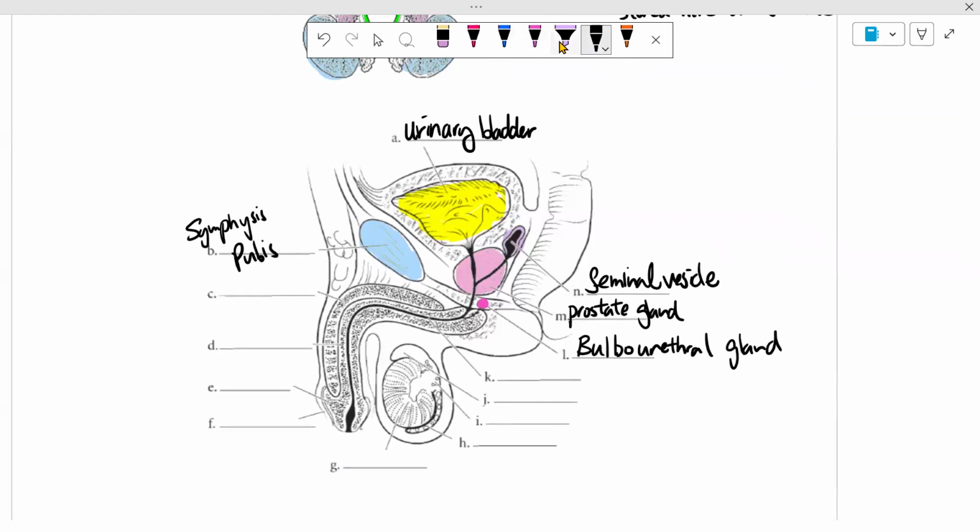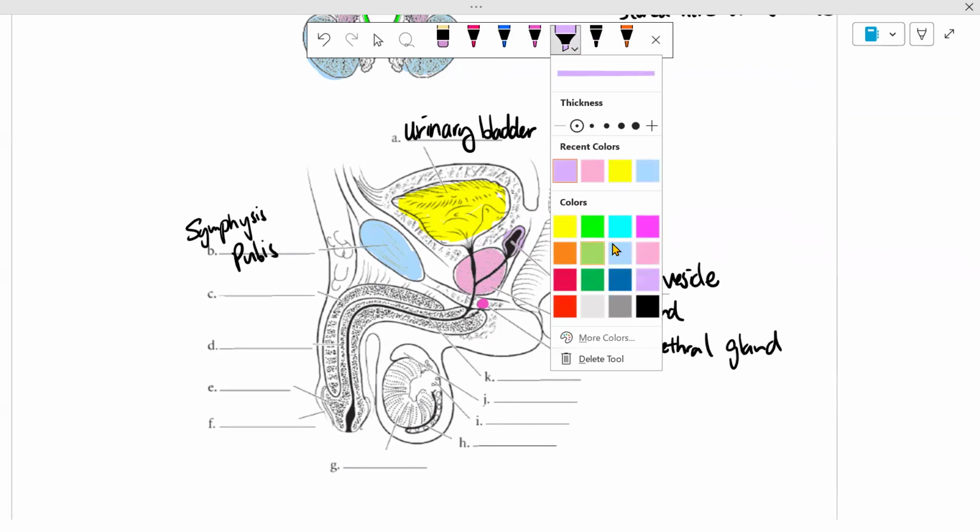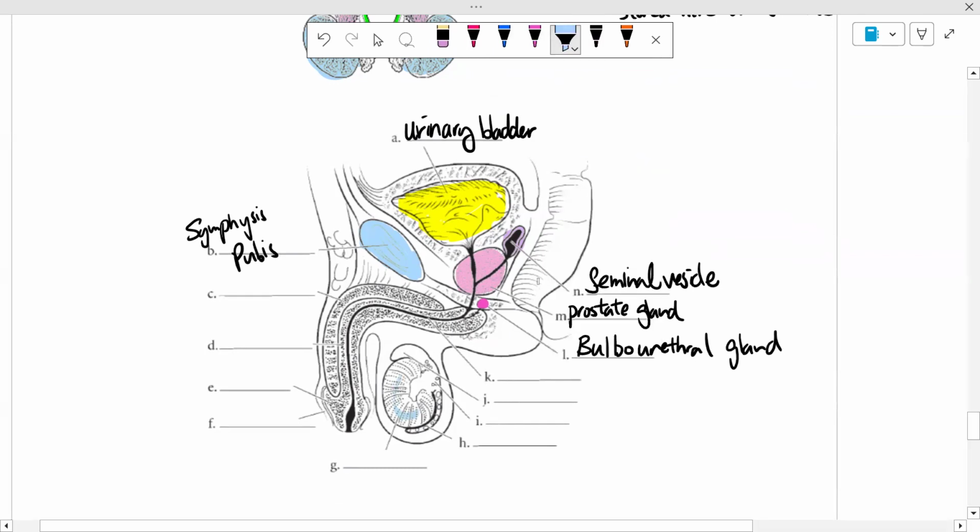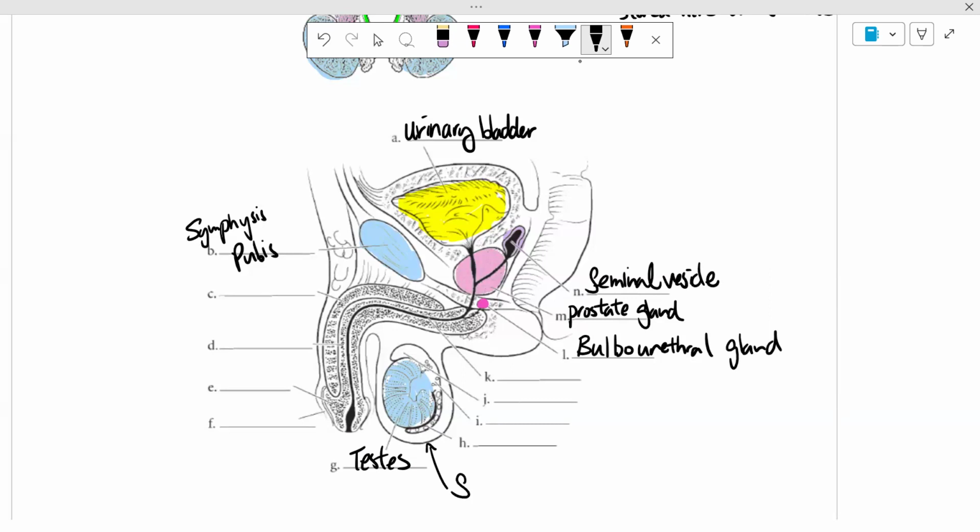Okay, other things in this diagram. Over here again, that is the testis. The testes for plural. The skin that wraps around the testes, that's the scrotum.